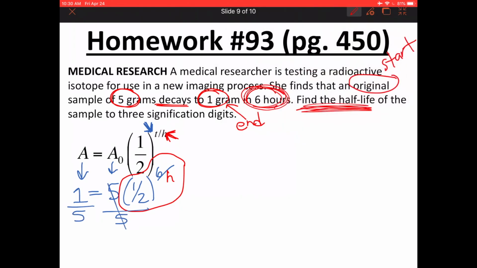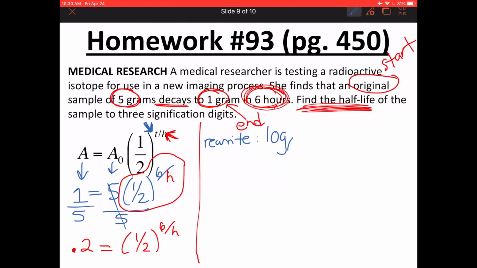All right, so now I have 0.2 equals 1/2 to the 6 divided by H. And now, like we've been doing, whenever there's a variable in the exponent, you need to rewrite this in logarithmic form. So I'm going to do log base 1/2 of 0.2 equals 6 divided by H.